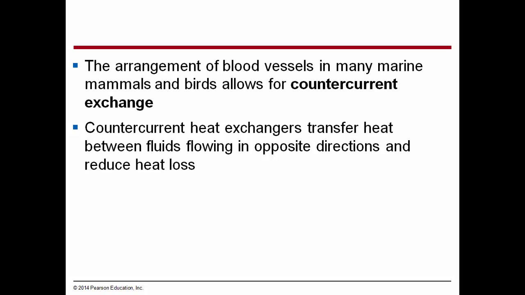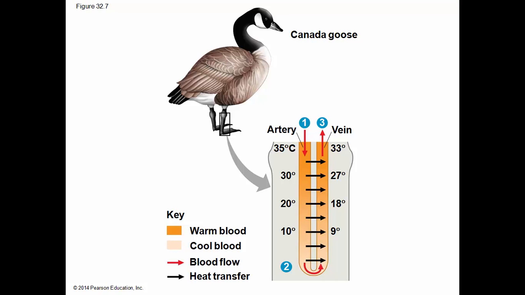The arrangement of blood vessels in many marine mammals and birds allows for countercurrent exchange. Countercurrent heat exchangers transfer heat between fluids in opposite directions and reduce heat loss. The example they give here is the Canada goose.